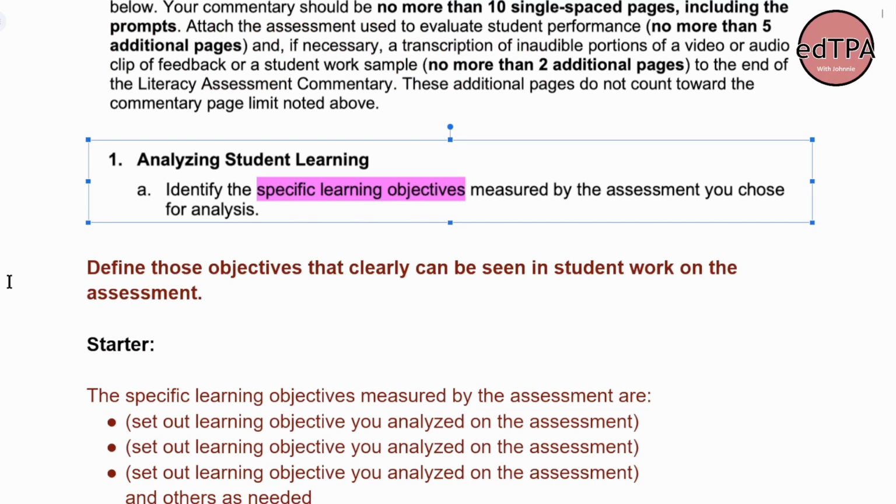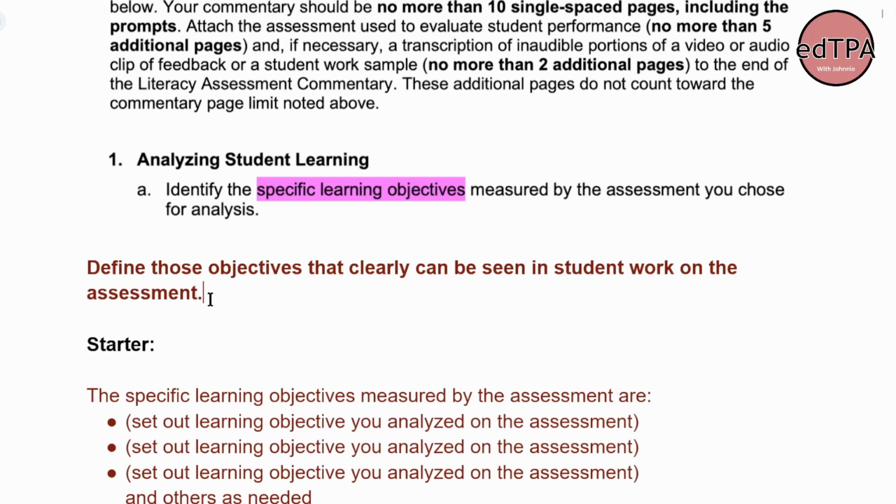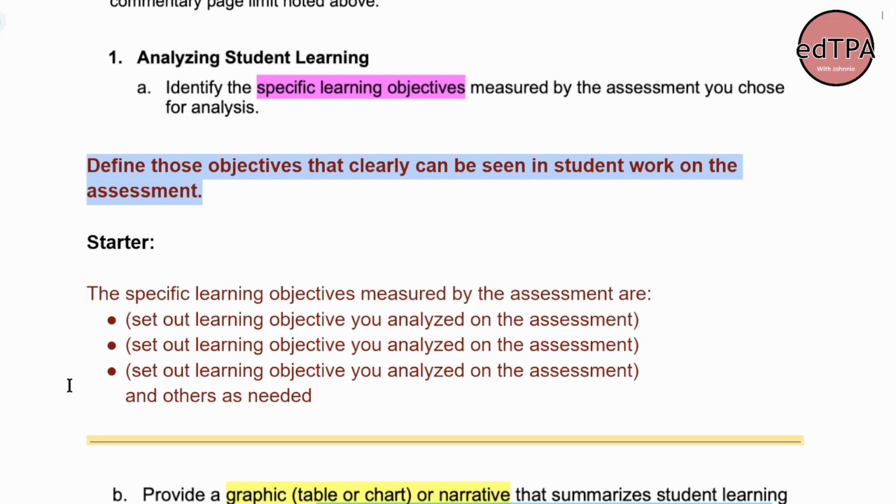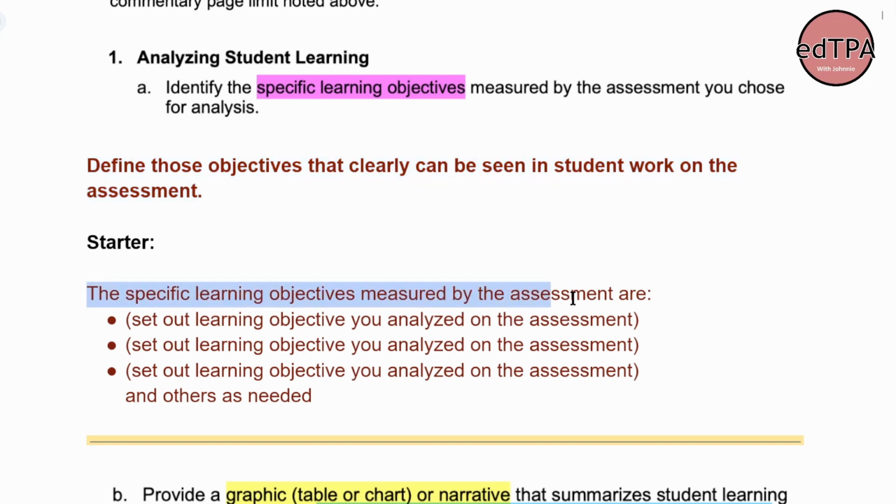Analyzing student learning. Identify the specific learning objectives measured by the assessment you chose for analysis. And this is to plainly define those objectives that clearly can be seen in student work on the assessment. So some starters: the specific learning objectives measured by the assessment are, and then just go ahead and set out the learning objective you analyzed in the assessment.